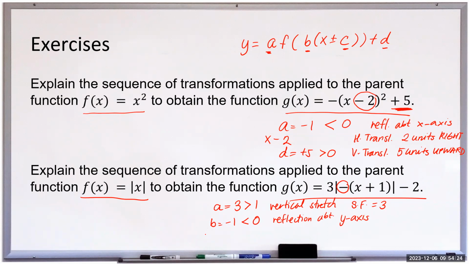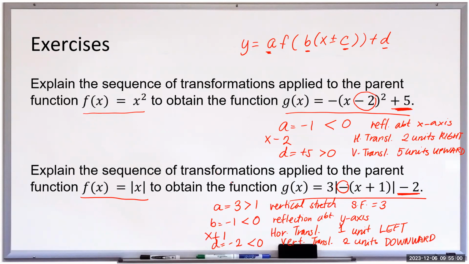What else do we have? We have here an x plus 1. So we have here x plus c. Therefore, this is a horizontal translation 1 unit to the left because we have here plus. And lastly, d is equal to negative 2, less than 0. Therefore, this is a vertical translation 2 units downward.